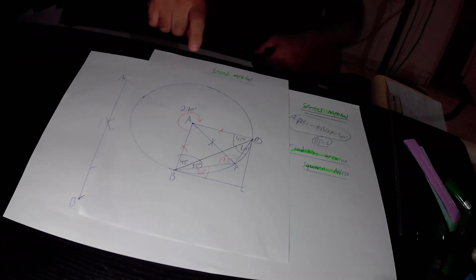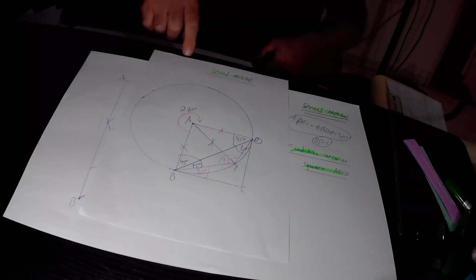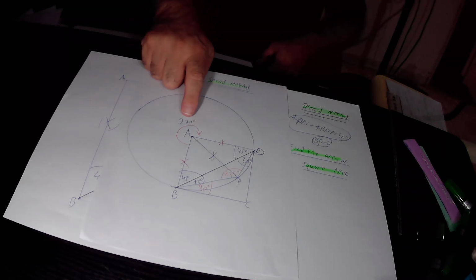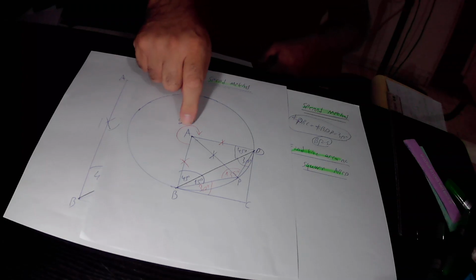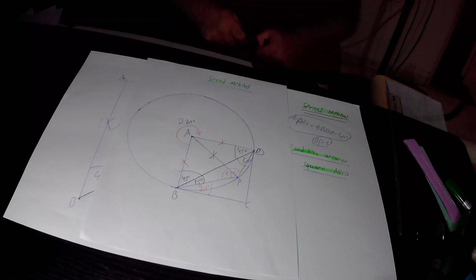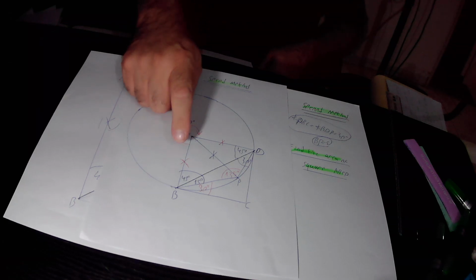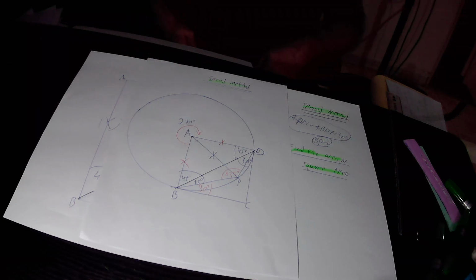This is the circle that we draw around square ABCD. Repeat again, point A is the center of the circle. AB is the radius, equal to x. AD is also the radius, equal to x. So AB is the radius of the circle. The radius of any circle has two edges.